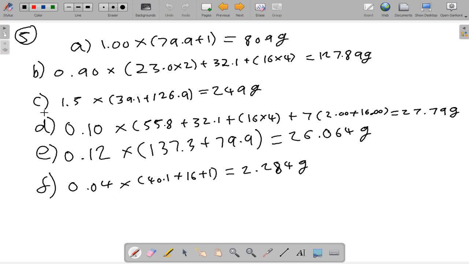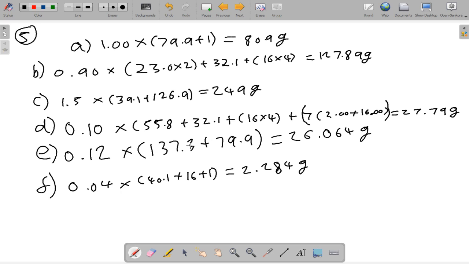So potassium and iodine, that gives us 249 grams. And we have 0.1 times 55.8 plus sulfur 32.1 and 4 oxygens, plus 7 times, this is the hydrated salt water bit, we get 7 times 18 basically, and that gives us 27.79 grams.